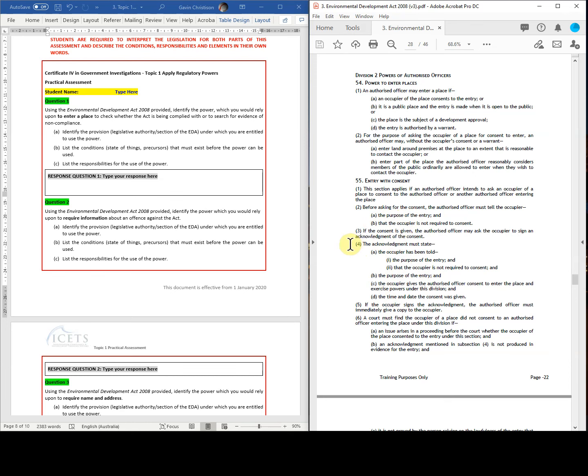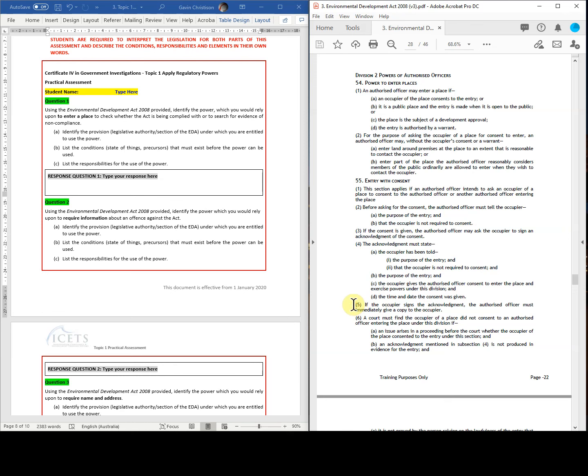So in responsibilities, a signed acknowledgement must state the information as contained in section 55 4A to D. We need to make sure that we acknowledge that the responsibility is that a signed acknowledgement must state requirements as per section 55 subsection 4A to D.